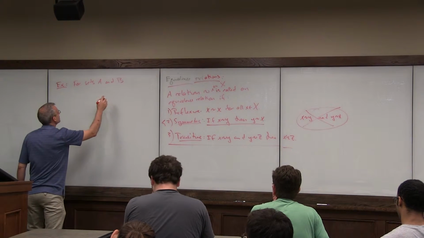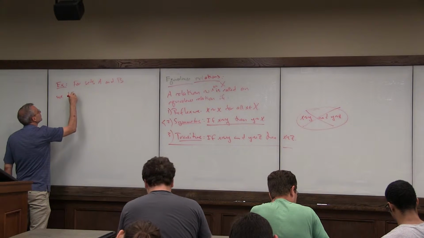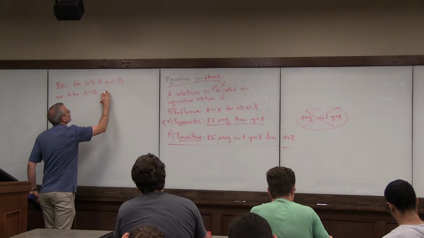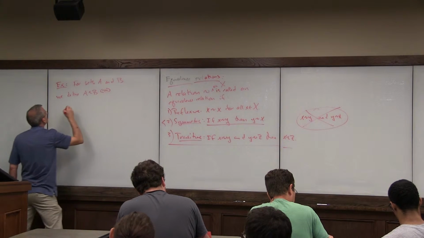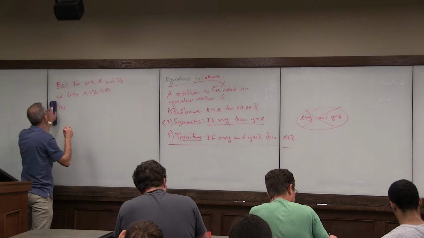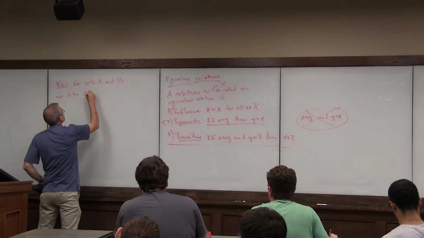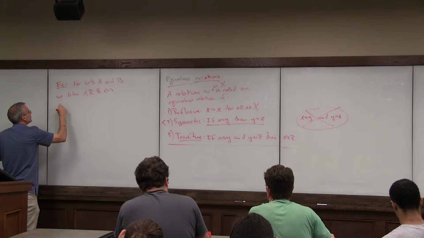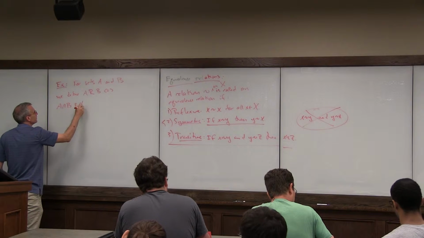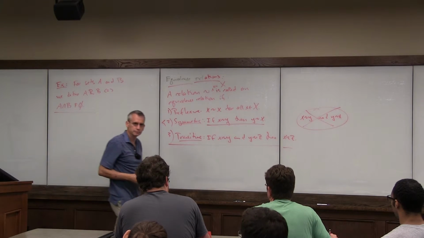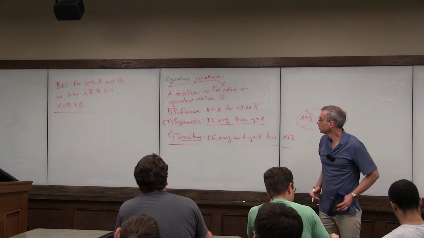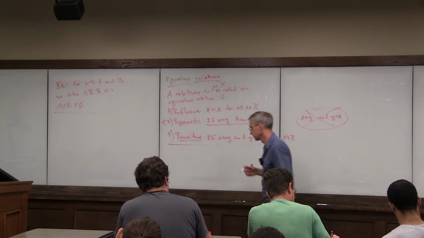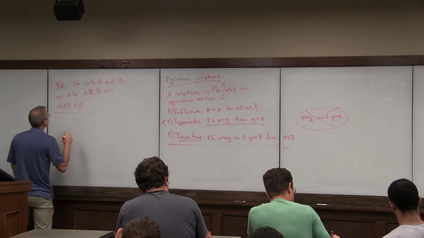So we'll just say for sets A and B, we define A related to B to mean A intersect B not equal to the empty set. Or you could do equal to the empty set. I think that's what's done in the text. It doesn't matter. The arguments are very similar, except for the first case.